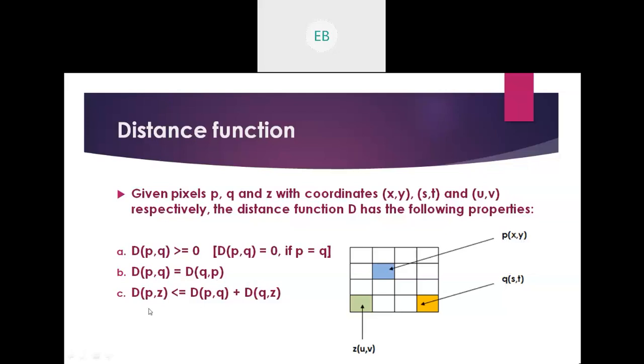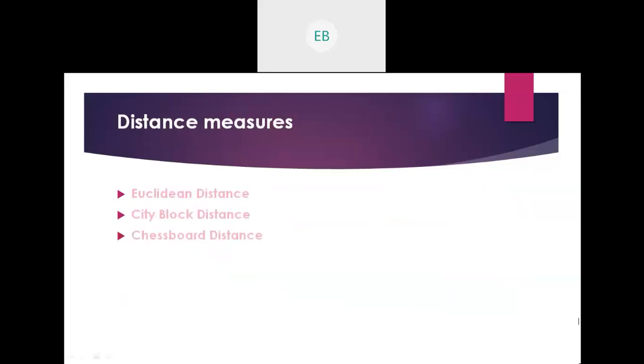The third property mentions that the distance between the pixels p and z is always less than or equal to the sum of the distance between P and Q and the distance between the pixels Q and Z. So these three properties we discussed yesterday. Hopefully you can remember, so we can proceed to the next topic.